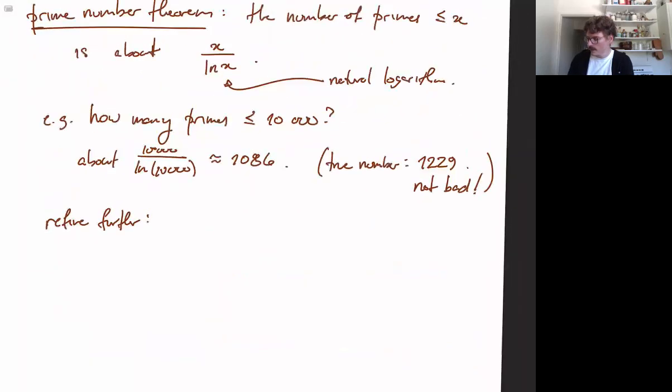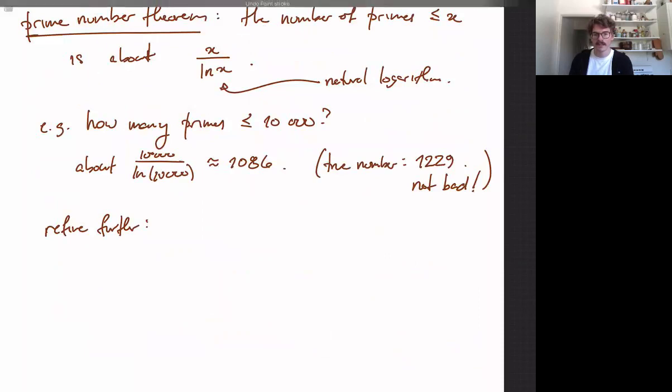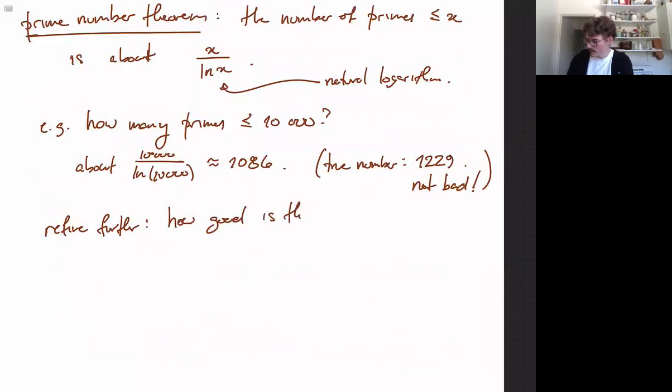So we have this, I'm saying a little bit informally, the number of primes is about x over natural log x. How good is this estimate? And this is one of the most famous problems in mathematics.